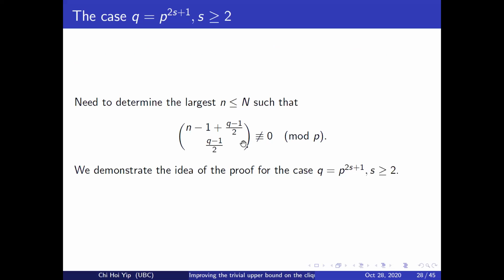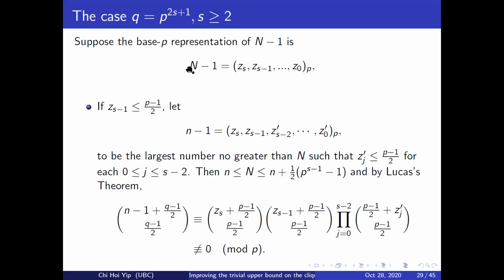Okay, so recall that we need to find the largest little n bounded by capital N such that this binomial coefficient does not vanish. And we demonstrate the idea of the proof for the case q equals p to the 2s plus 1, where s is at least 2. So we need to write capital N minus 1 in this kind of base p representation. And there will be two cases. The first case is that this digit is relatively small.